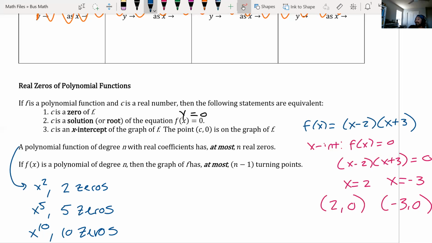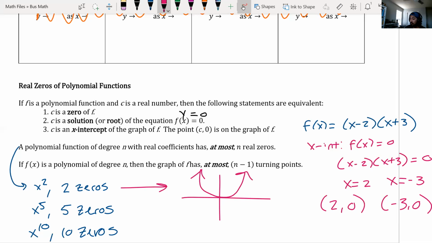Okay. Now, this last definition says, if f of x is a polynomial of degree n, then the graph of f has at most n minus 1 turning points. So whenever you graph the function, whenever the graph changes direction, those are called turning points. So with that definition, it says whatever your degree is, subtract 1, and that will tell you how many turning points you have. So if we looked at x squared, the graph of x squared looks like this.